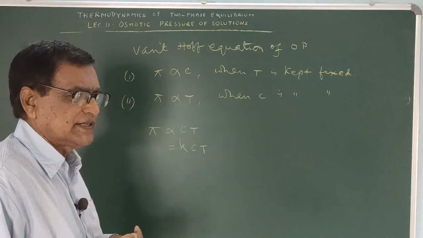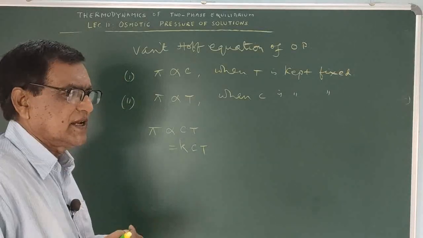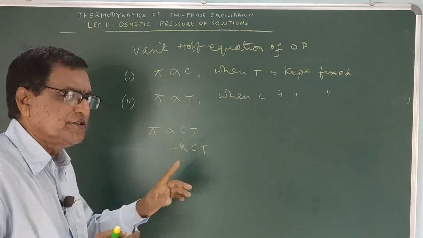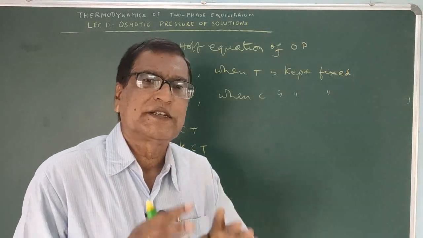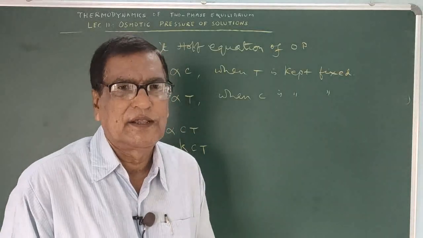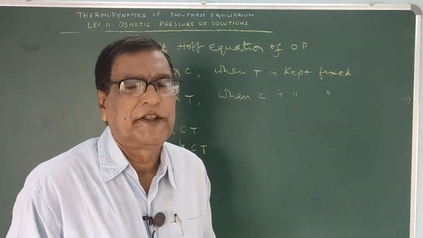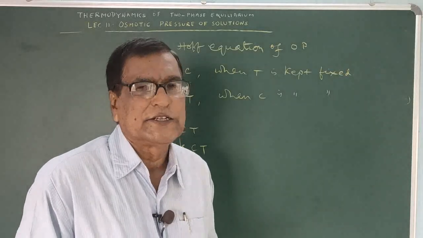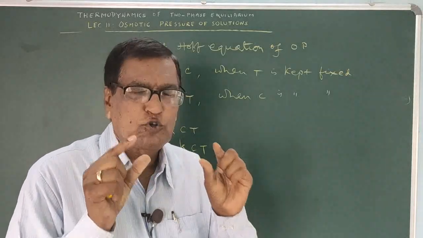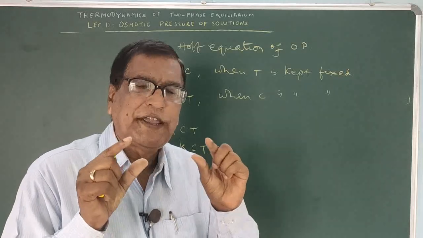I shall also illustrate in my next class how the osmotic pressure of a solution could be determined by the Berkeley-Hartley method, and so many other methods are also there. Osmometers nowadays are very popular, very sophisticated instruments to determine the osmotic pressure of solutions very accurately.